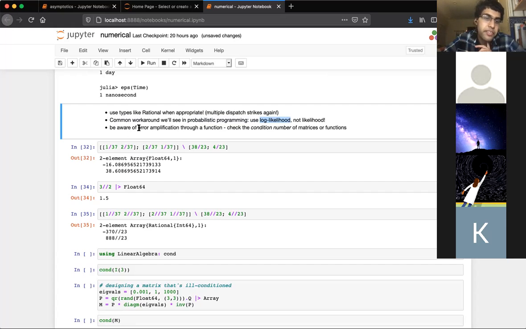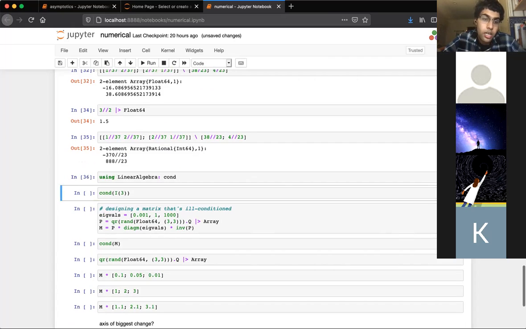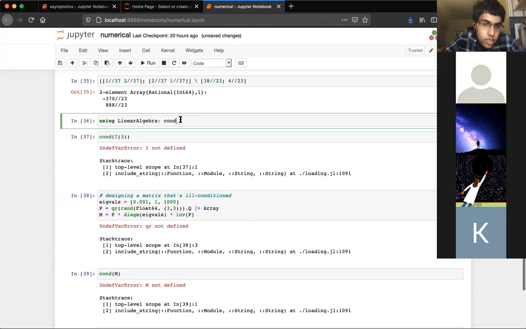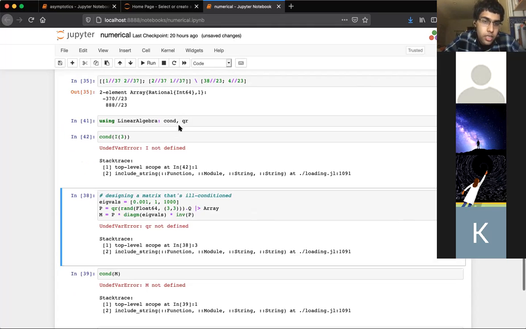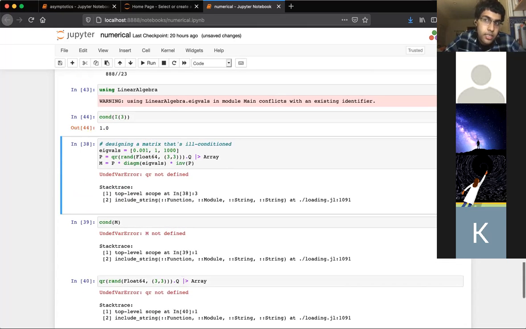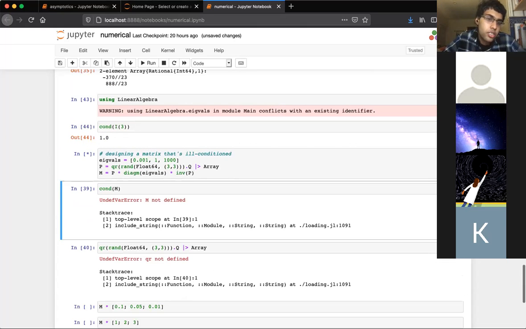The third is error amplification. Sometimes functions are going to have really strange conditioning, and I'll speed through this. Sometimes functions are going to do really weird things to your scaling.